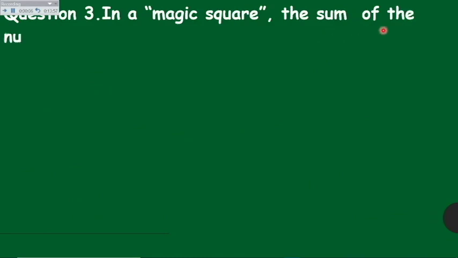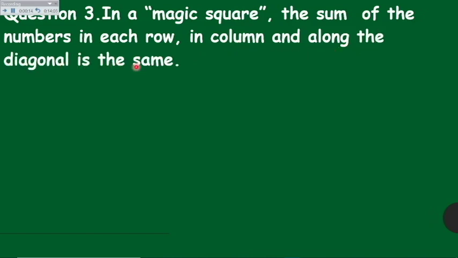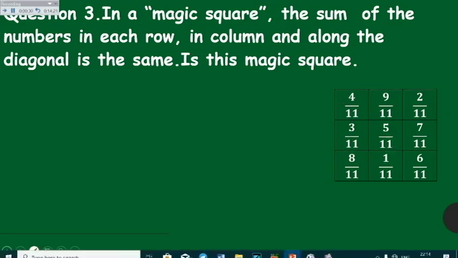In a magic square, the sum of the numbers in each row, in each column and along the diagonal is the same. Is this a magic square? Here you see in the question you have been given a table like this. The question is asking, is this a magic square?